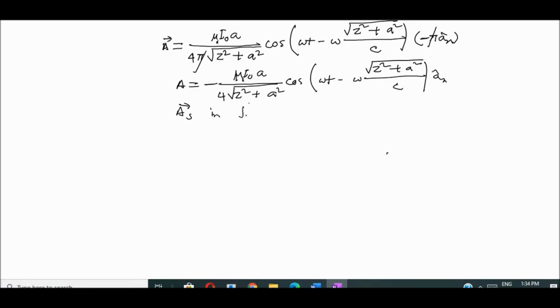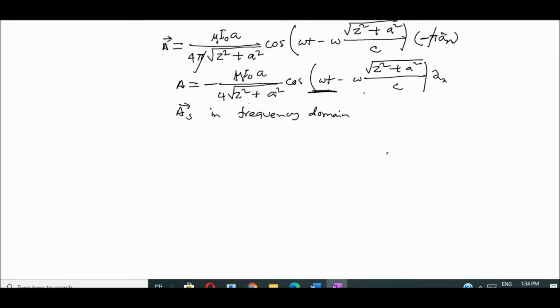So we have to find As in the frequency domain. To find As, we need to remove this omega t term from the expression.